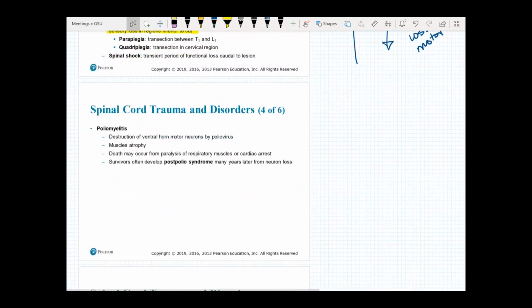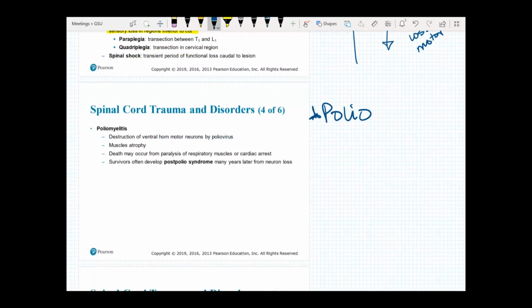Apart from that, there are three other large major disorders that we are going to talk about when it comes to the spinal cord. Sorry, two more. The first one is going to be polio. Polio is something we've probably all heard about, and we do have a vaccine for polio that was discovered in about the 60s, I believe.